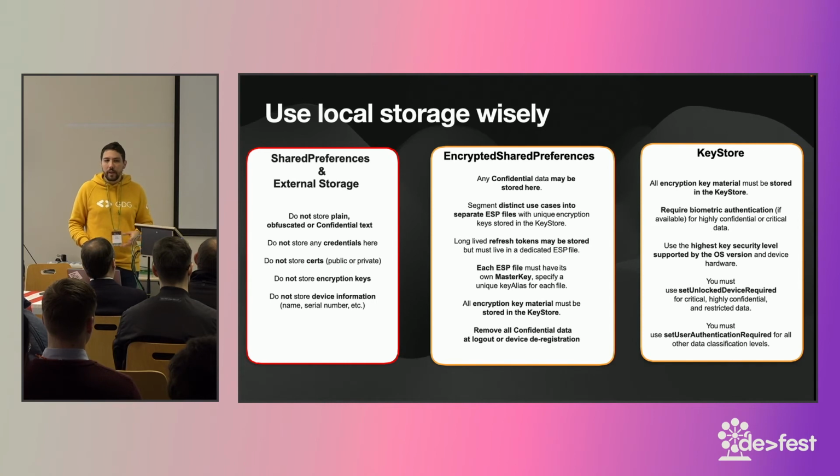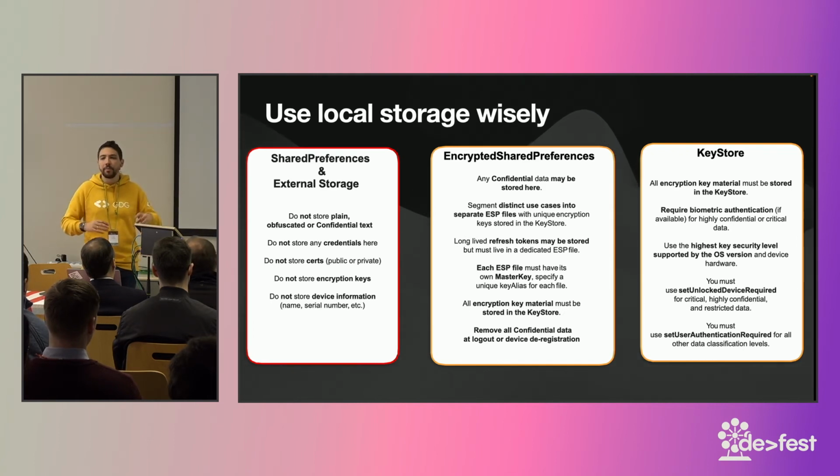Again, we should always practice saving the least amount of data that we need in our application. It's not the best way to just dump everything that you might want into your application. Again, it's not always possible, but if possible, we should be doing that.